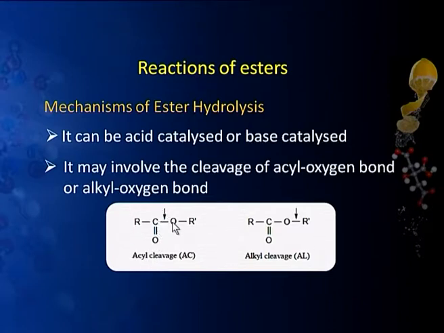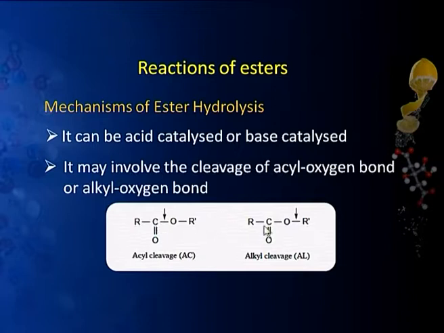If this bond with the oxygen of this ester is cleaved during the reaction, we call it acyl oxygen cleavage. And if during the reaction this bond cleaves, that is the alkyl part with the oxygen, then we call it alkyl oxygen cleavage.